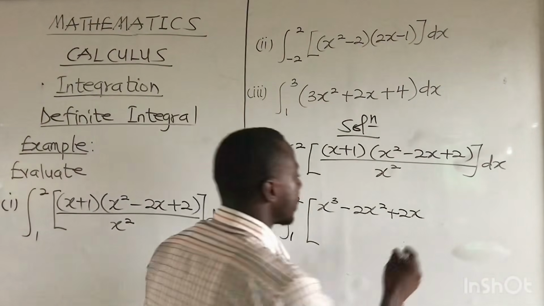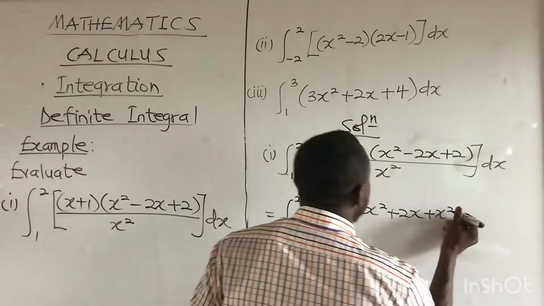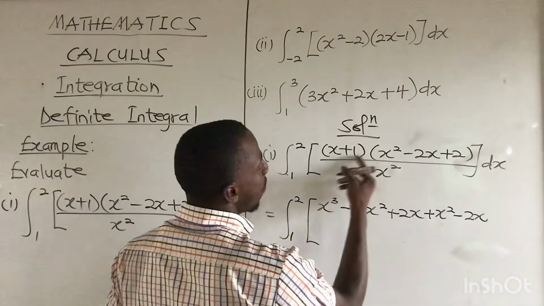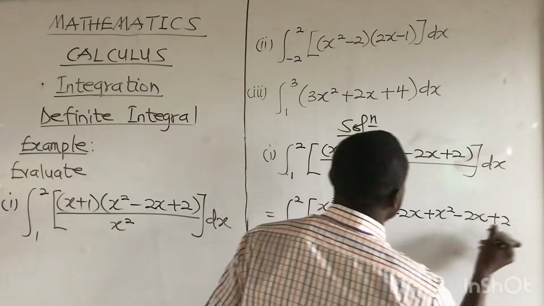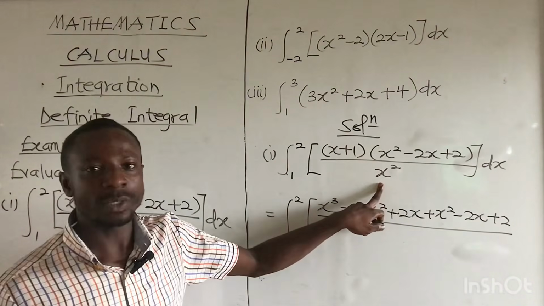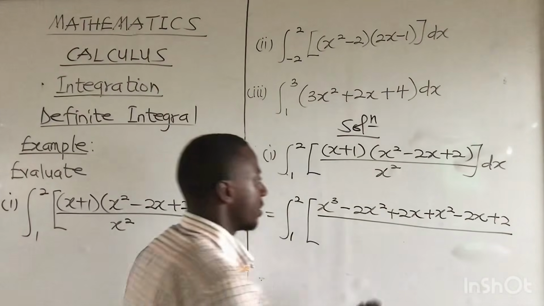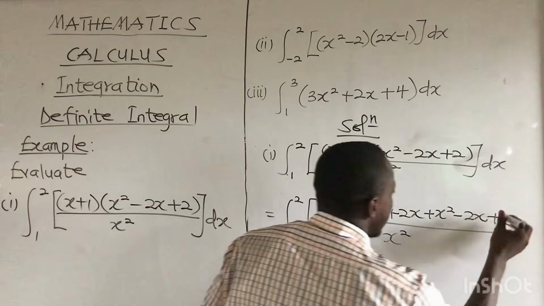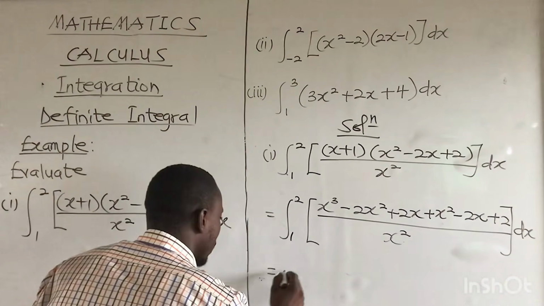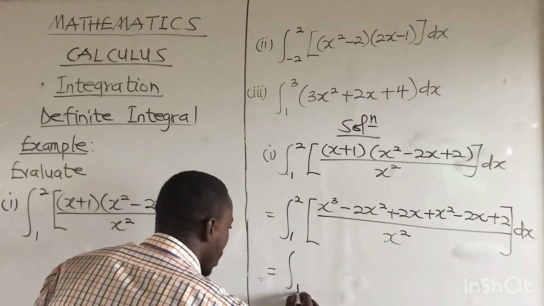So 1 times x squared, we have x squared. 1 times minus 2, minus 2x. 1 times 2, then we have 2. All over the denominator, which is x squared. Still dx. So let's proceed, 1 to 2.